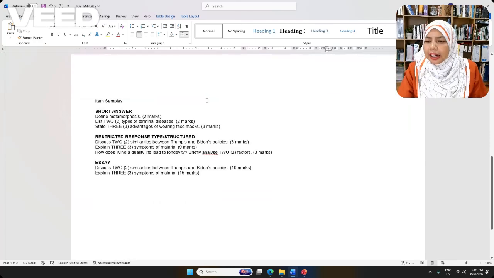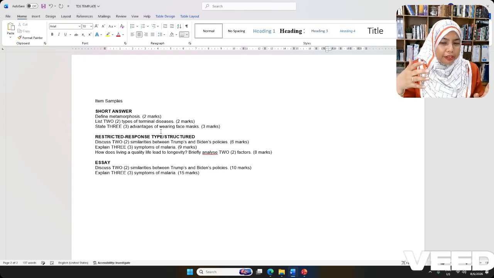Okay, so short answer would be items in which the answer is about one to two or two to three sentences. This usually falls under remember items. Restricted response type would be items in which the length is about three to five sentences up to one to two paragraphs.